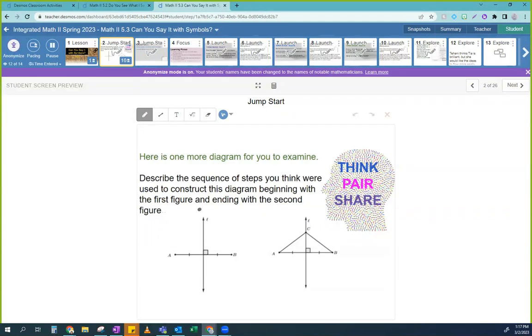Okay, so then they drew in line L. Notice line L did a lot of things. What are the two things line L did? What do you see? Yeah, so it split it down the middle.